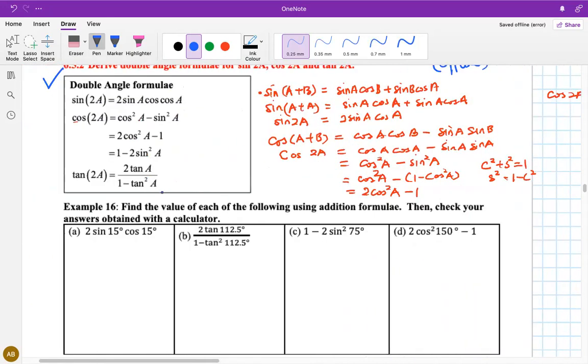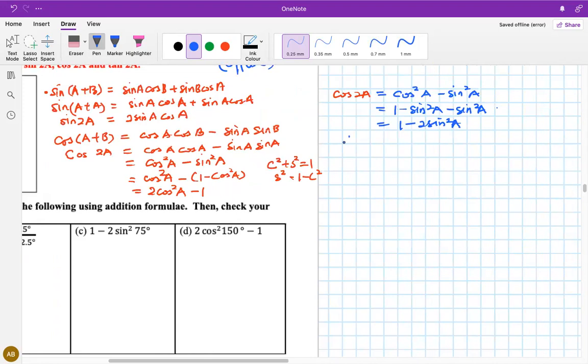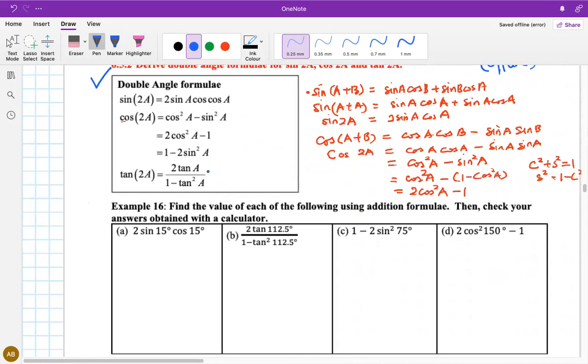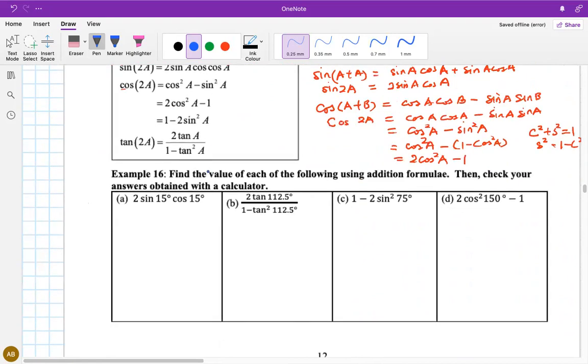Then tangent 2A. How to get it? Same thing: tangent (A plus A) becomes tangent A plus tangent A, over 1 minus tangent A times tangent A. So it is equivalent to 2 tangent A over 1 minus tangent square A. So this is the double angle formula for tangent.